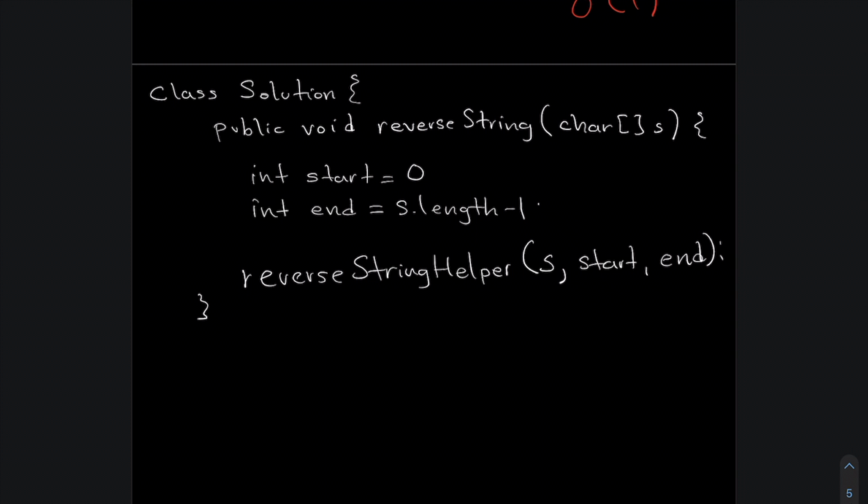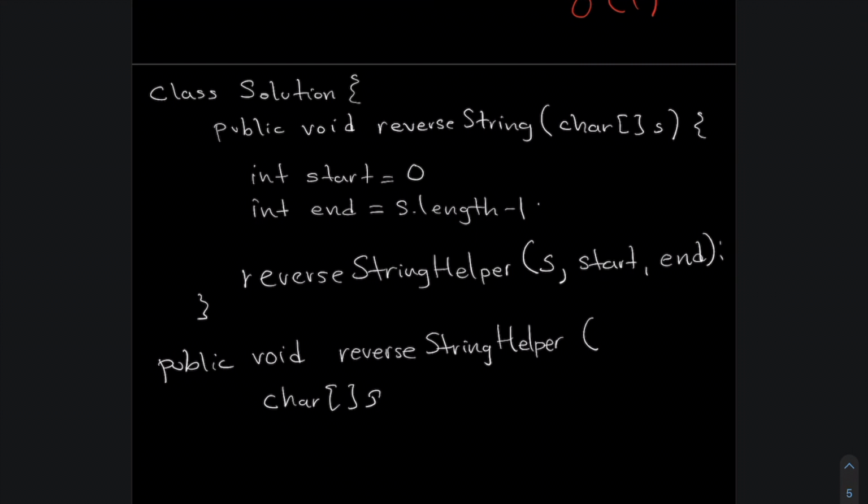Then let's actually create the method. So public void, we're not returning anything, reverseStringHelper, taking in char array s, int start, and int end.